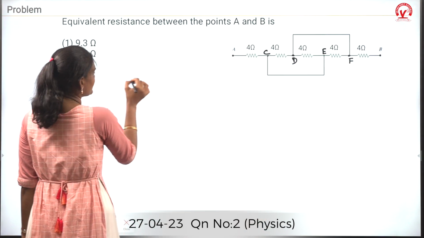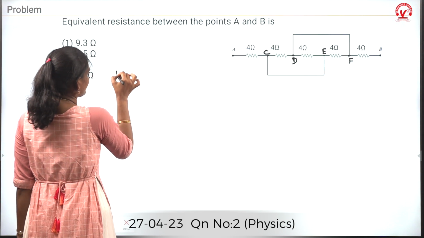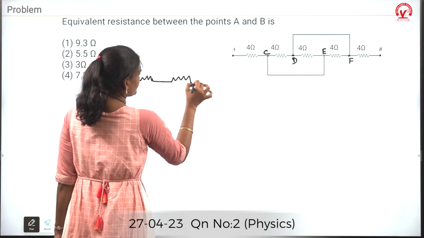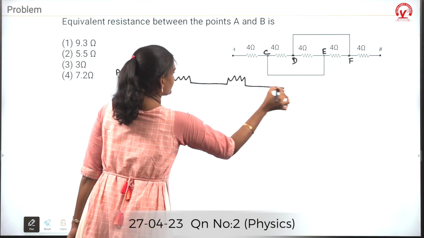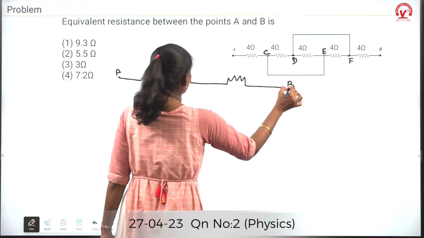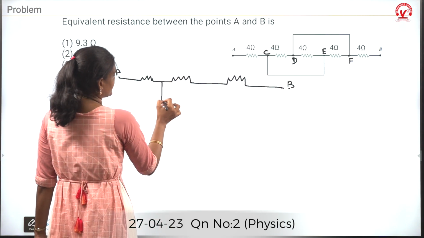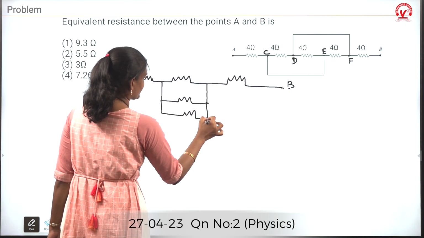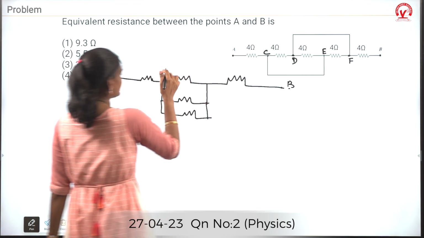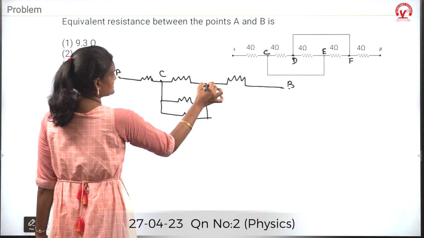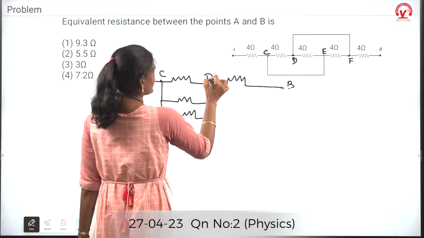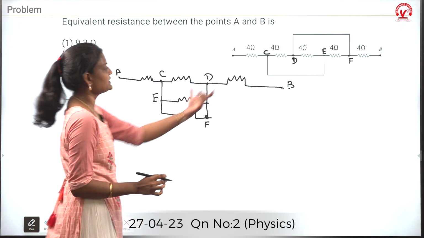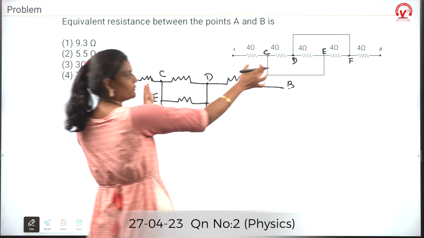Now this can be redrawn with this point as A and this point as B. Keeping this point here, this is C and this is D point, and here it is E and this point as F. Now see this diagram, compare these two diagrams, this is the same only.